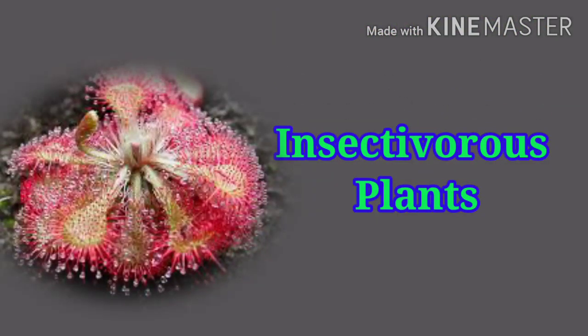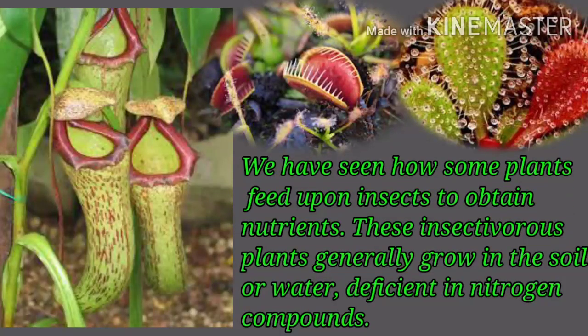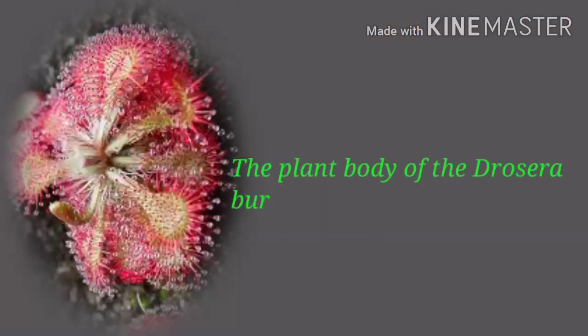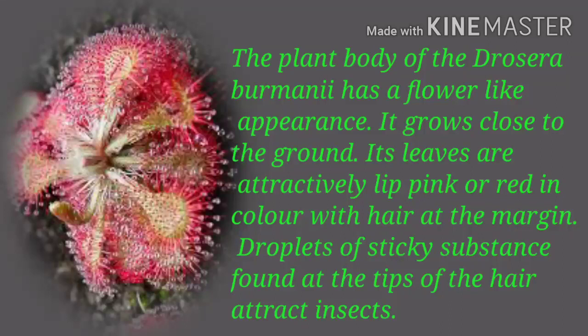Insectivorous plants. We have seen how some plants feed upon insects to obtain nutrients. These insectivorous plants generally grow in the soil or water which is deficient in nitrogen compounds. The plant body of Drosera burmannii has a flower-like appearance. It grows close to the ground.